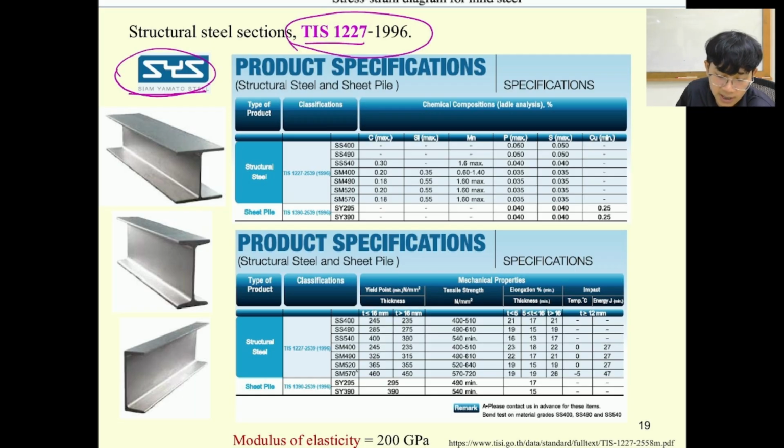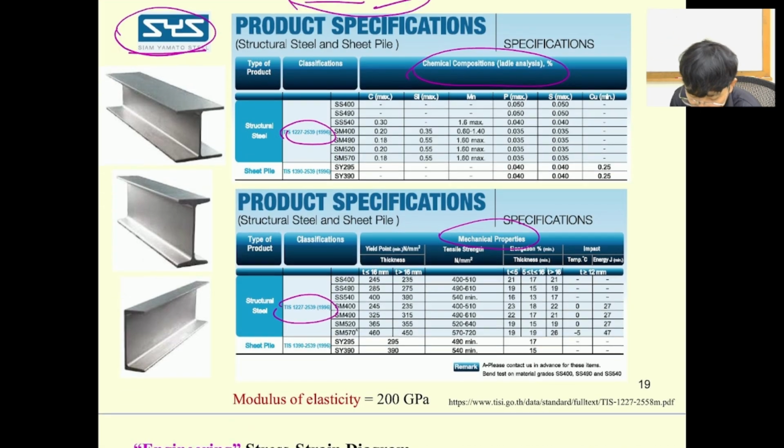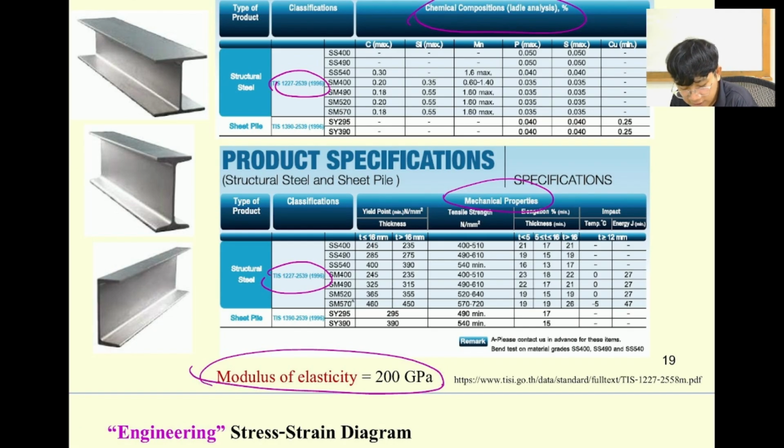The TIS 1227 in 1996 over here. Okay, it's put like this, still the classification. In one table, it provides the chemical composition and also the mechanical properties. For example, it's going to state a minimum modulus of elasticity equal to 200 gigapascal.